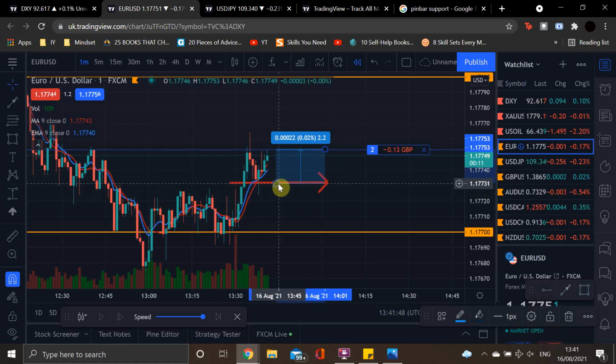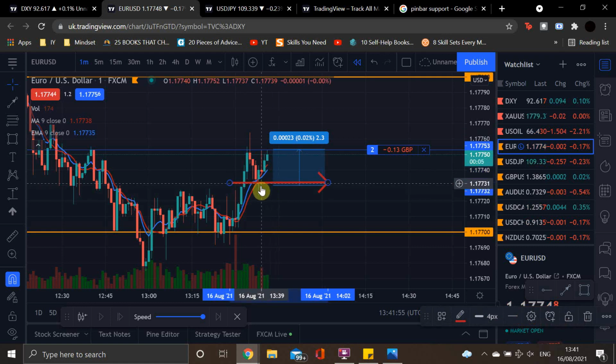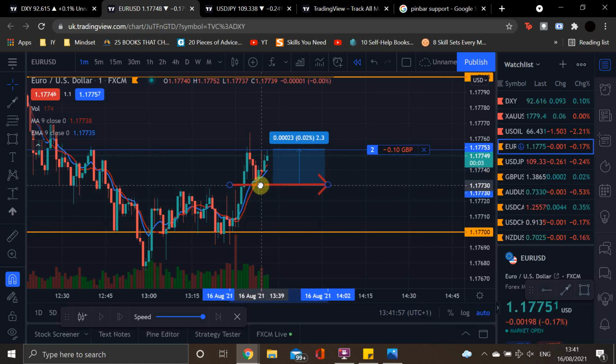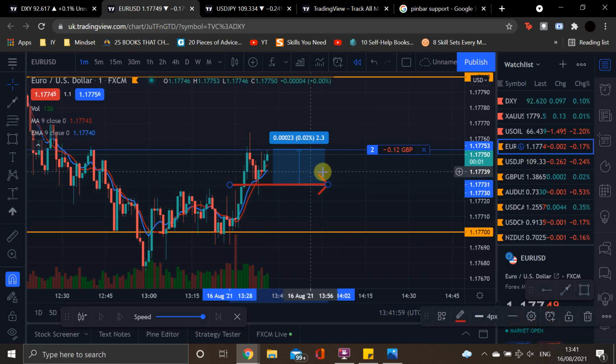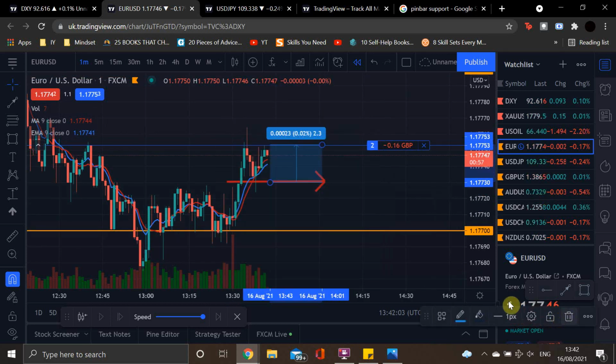Not even 2.5, that's 2.2. Basically, if it goes below this, then I'll definitely get out. I think it's quite wide as well. I'm happy with that one.